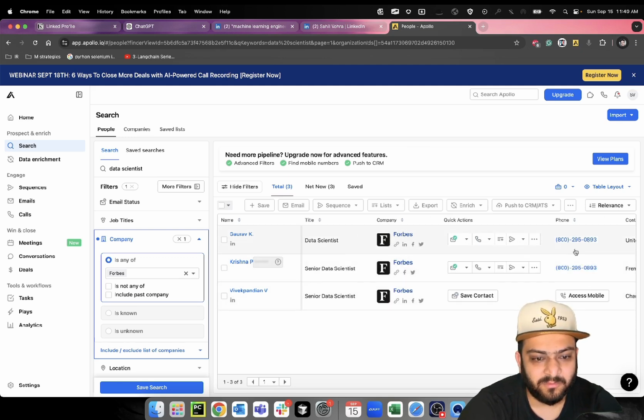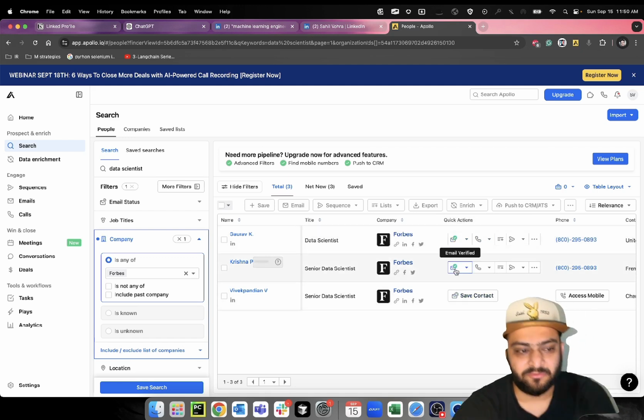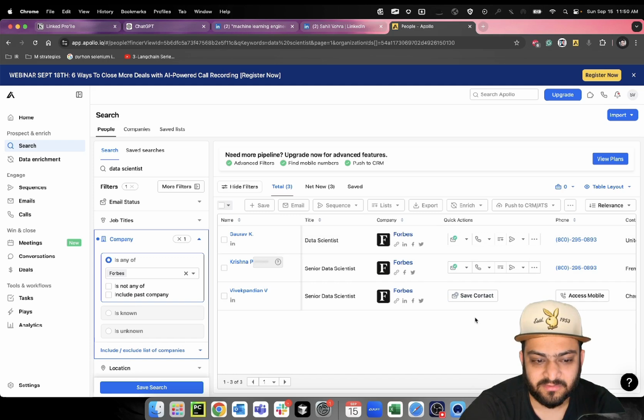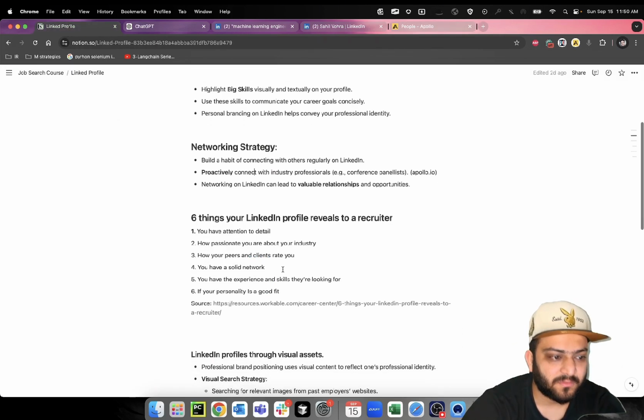You could see both of these people have the same phone number, so that would probably mean it's of the company where they work. So these phone numbers are not reliable, but the email you can rely on. Some of the time these emails are usually, I would say, guessed, but a lot of the time they are correct. So yeah, you can use this as well if you want to.